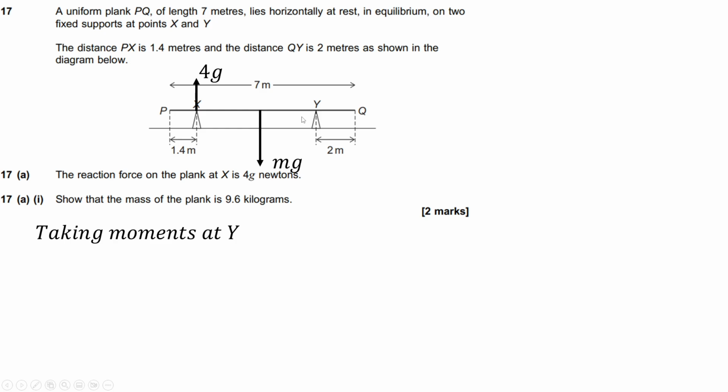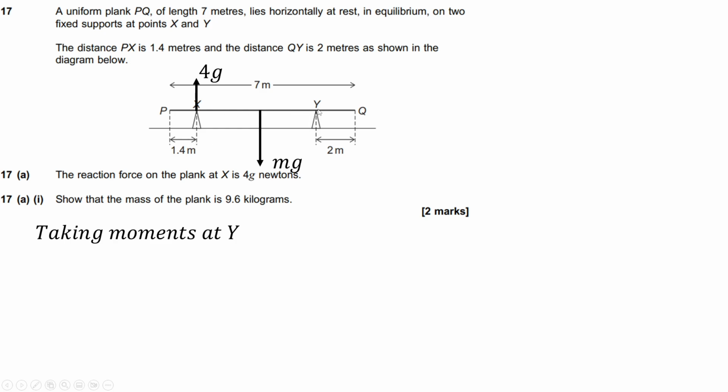This distance is easy to work out. We know that this distance here is 3.5, so 3.5 take away 2 is going to be 1.5. So we've got 1.5mg moment acting this way, counterclockwise. And then we've got clockwise moments of this distance here between Y and X. That's going to be 7 take away 1.4 take away 2 to get this.